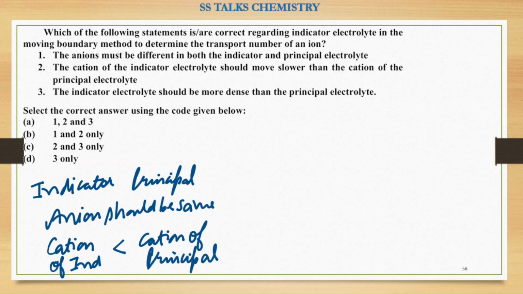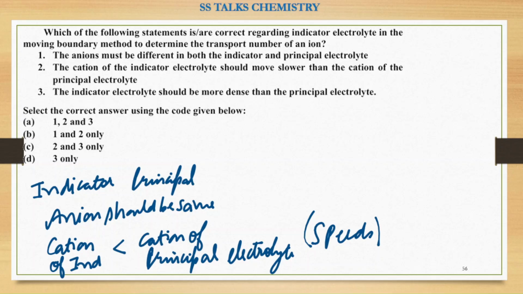This is comparing their speeds. So this is the condition set for the moving boundary that we have to remember. And one more was the formula from the head, and we have seen a question based on that in the last class. You can refer to the previous part 1 of this chapter, where those questions have been discussed.